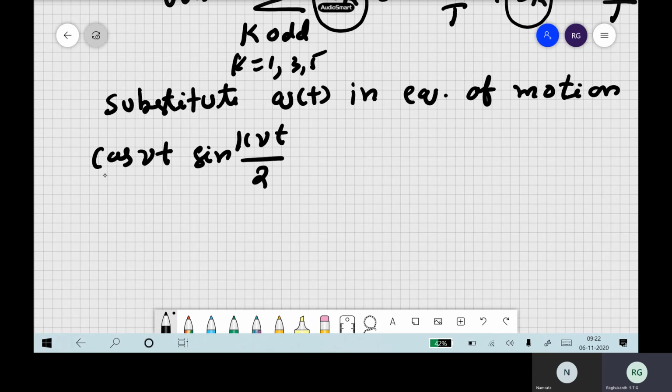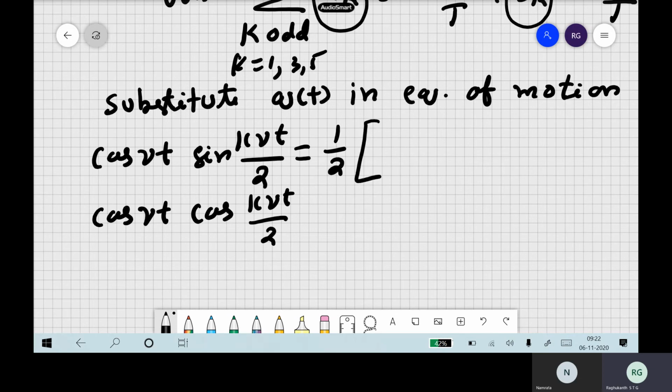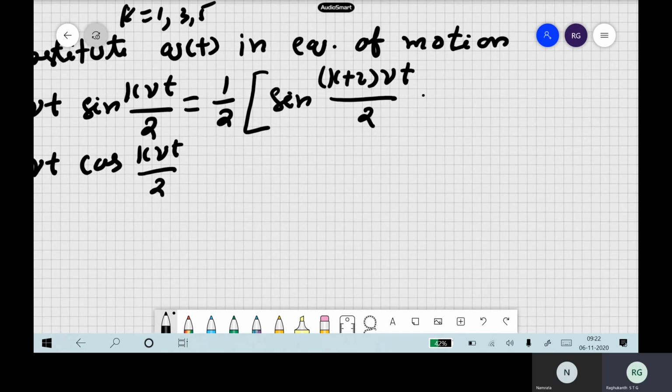The cos comes from that forcing function. Then you will have cos nu t and cos k nu t by 2, so you have to use some trigonometric identities. We can substitute this as half of sine of k plus 2 into nu t by 2 plus sine of k minus 2 into nu t by 2.